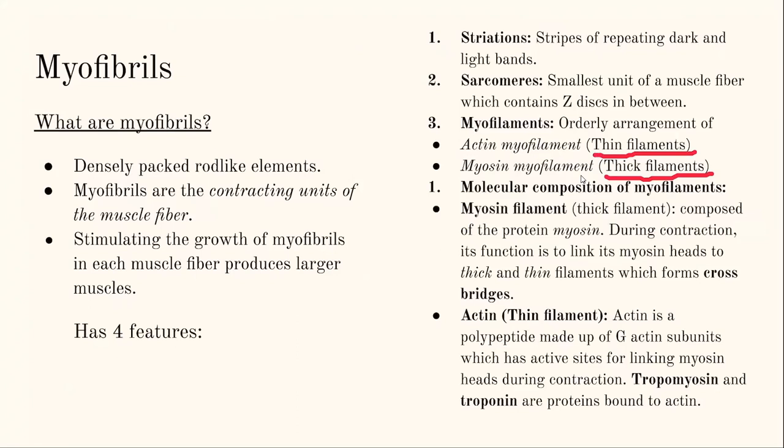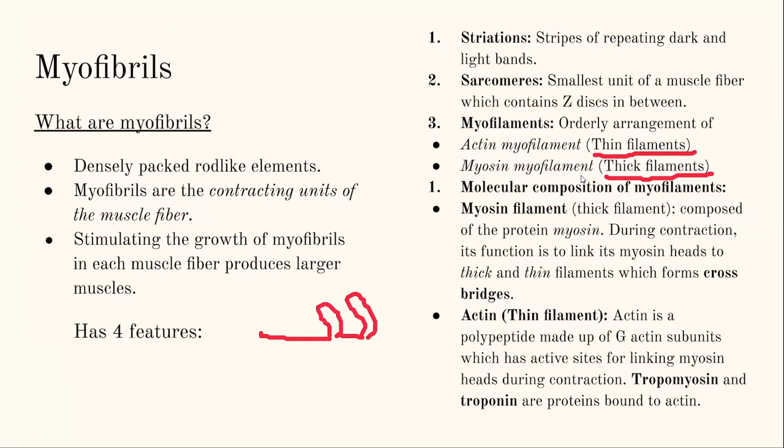And the myosin filament, that's where you have these myosin heads. And those are what's going to link up to the actin filament in order for a contraction to happen.